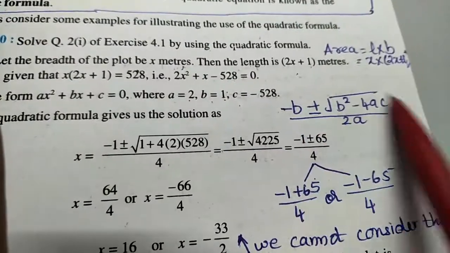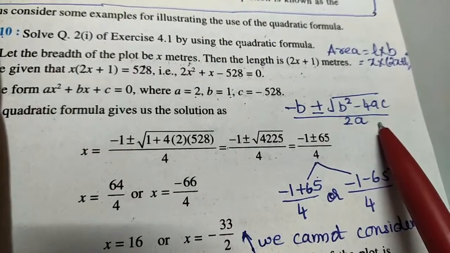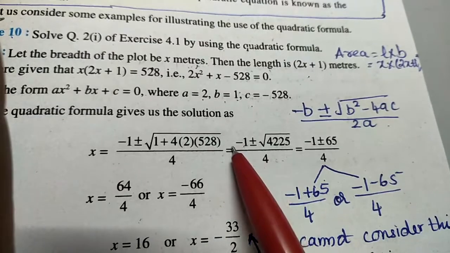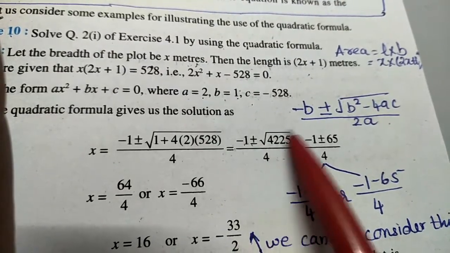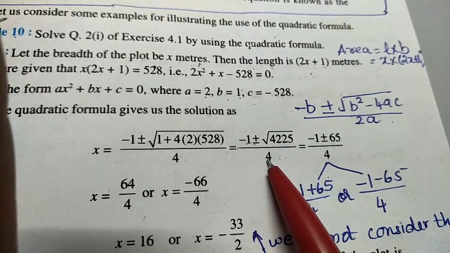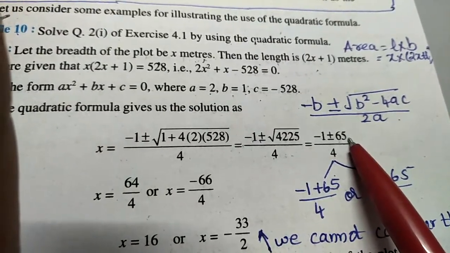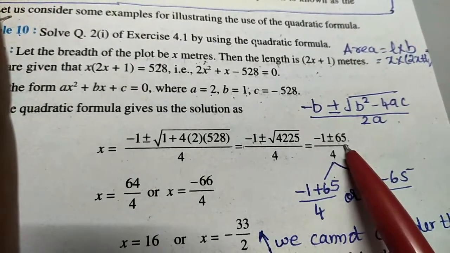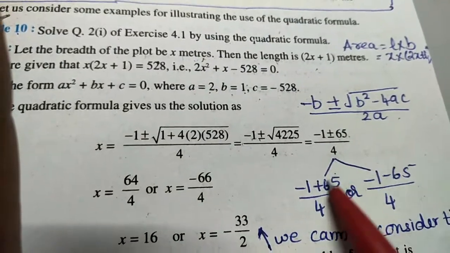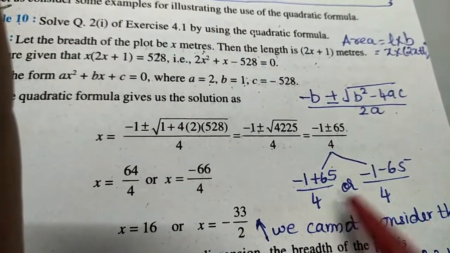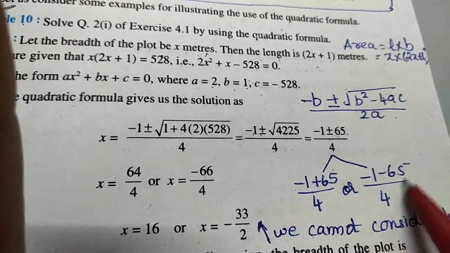Okay, now we put it in this formula. We get minus 1 plus or minus under root 4225 by 4. Now under root 4225 is 65. So you have got minus 1 plus 65 upon 4, minus 1 minus 65 upon 4.